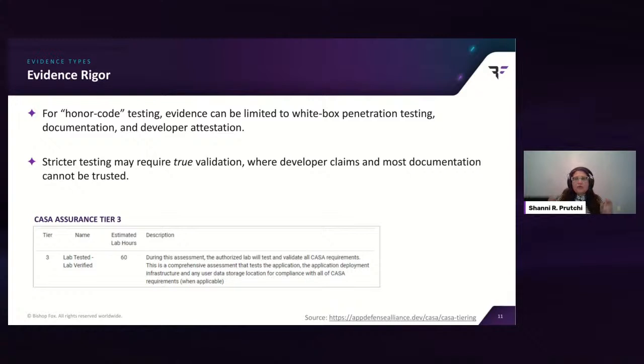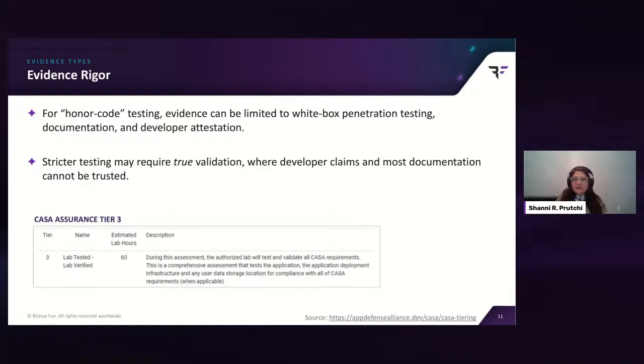This is what we would call true validation, because developer claims and documentation can't be trusted to be accurate. You see, screenshots can be faked, and the developers or the documentation may not even be intentionally or maliciously inaccurate. It could be that the implementation was changed last minute to support some legacy issue, or that the documentation wasn't updated to reflect any changes.